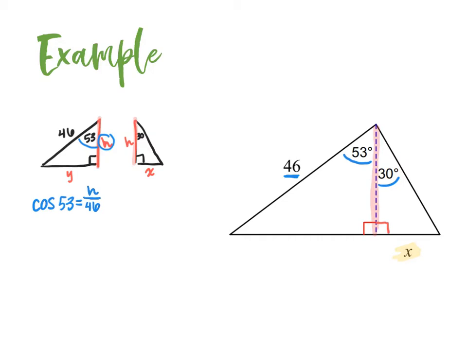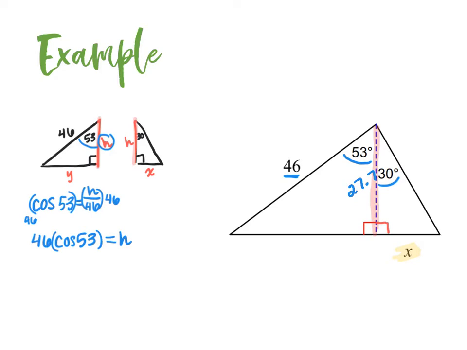I'm going to multiply by 46 on both sides. So then 46 times the cosine of 53 gives me h, which is 27.7. We'll round to the nearest tenth.